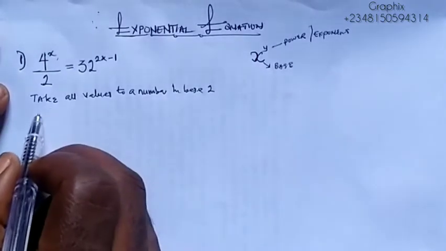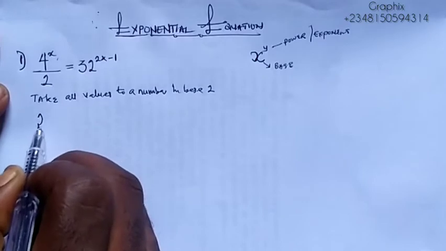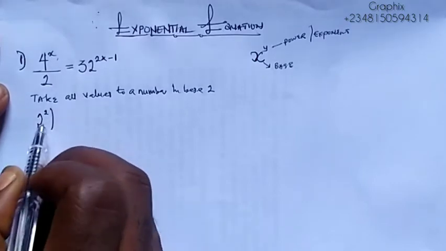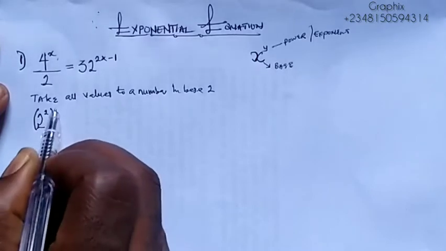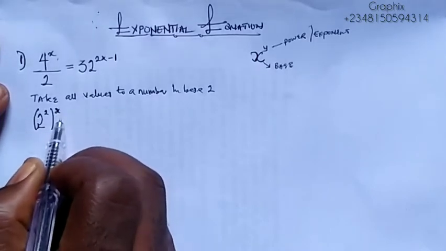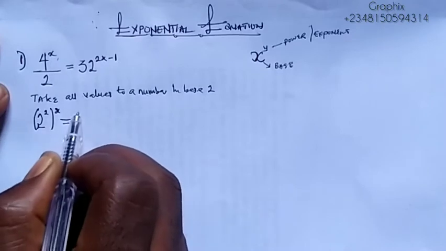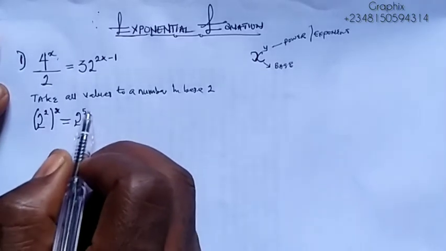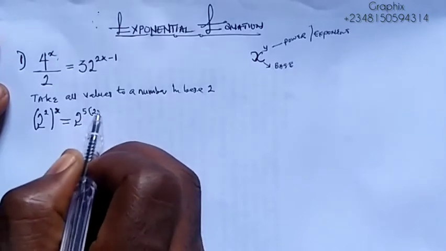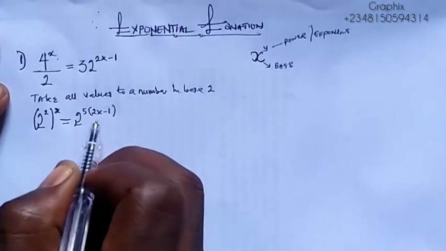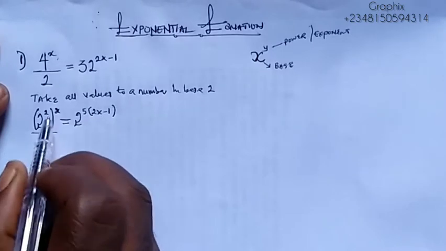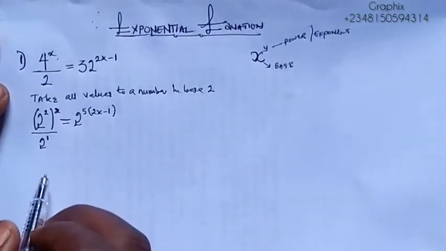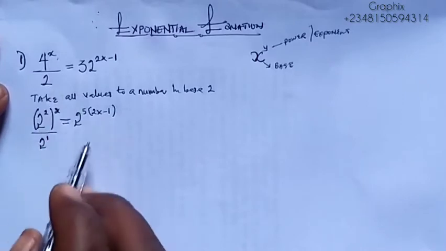So we'll have 2 raised to the power of 2, and we have the x, equals 2 raised to the power of 5, because 2 raised to the power of 5 is 32, and we'll have 2x minus 1, divided by 2 raised to the power of 1, because 2 raised to the power 1 is 2.